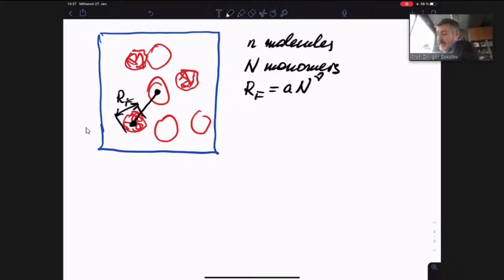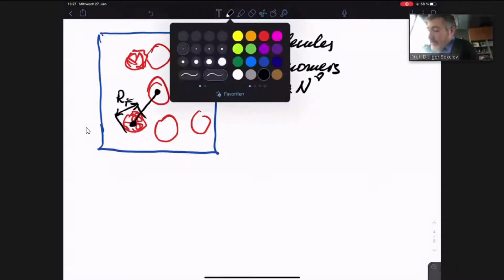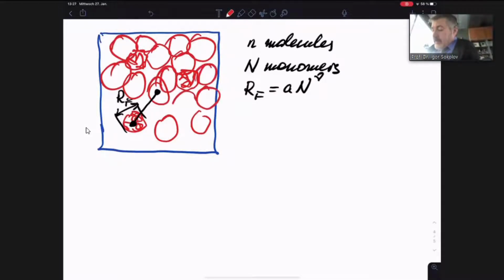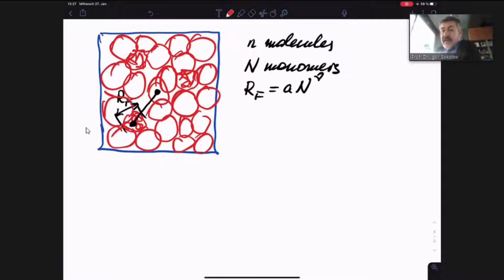Then, if I draw more and more molecules, yes, they start to touch. And I have some characteristic concentration at which my whole system is filled by the molecules which fill each other. And here I come into the regime of a semi-dilute solution.